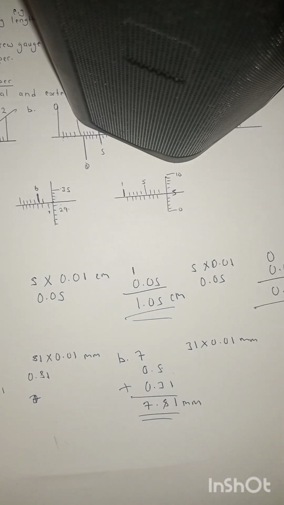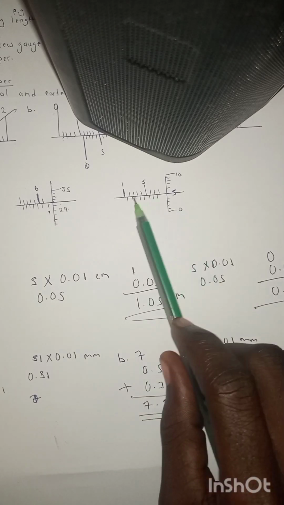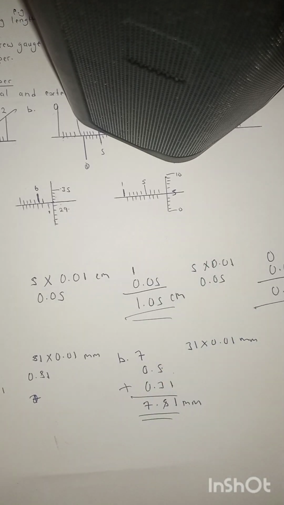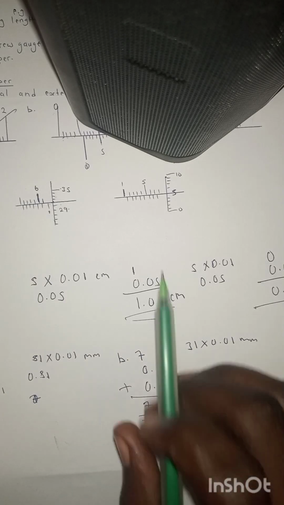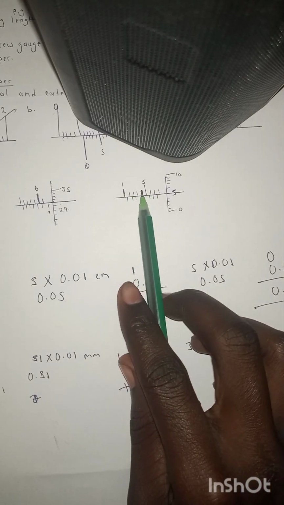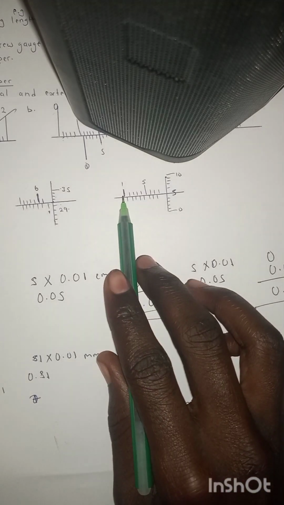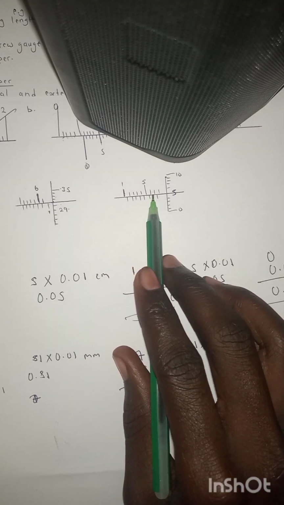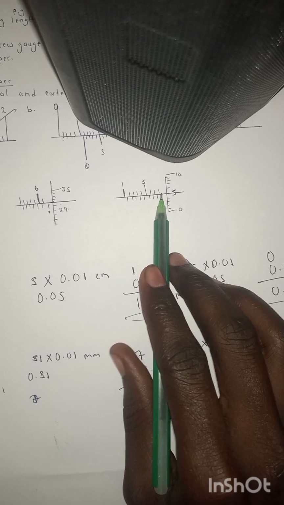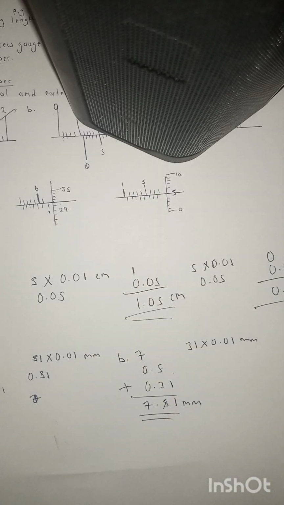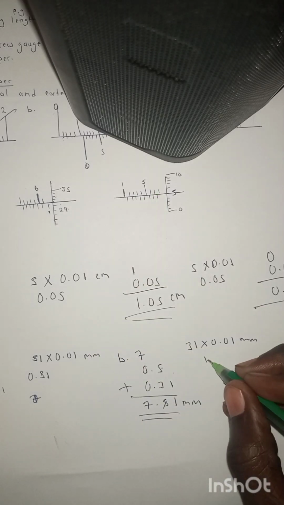And last but not the least question, I hope you can see it, is right here. So we start by getting the reading on the main scale. I hope you haven't forgotten. So the reading on the main scale, we start from here, 5, 6, 7, 8, right? So meaning on top we have an 8. I'll just write it here. Sorry, I don't have enough space.